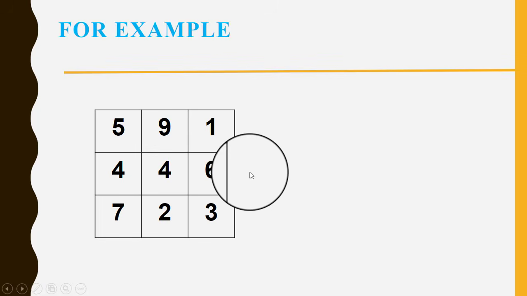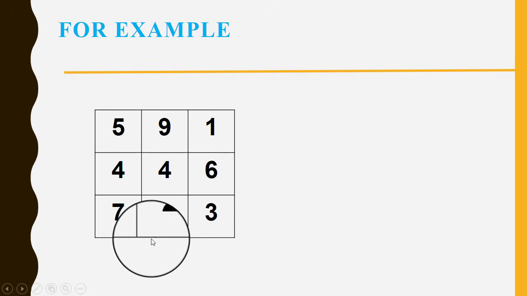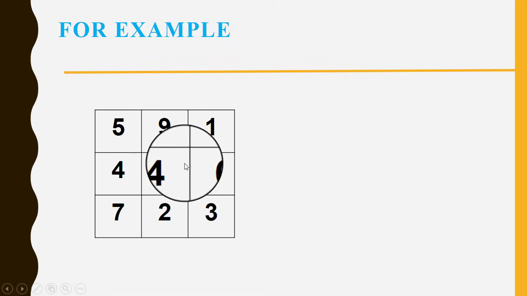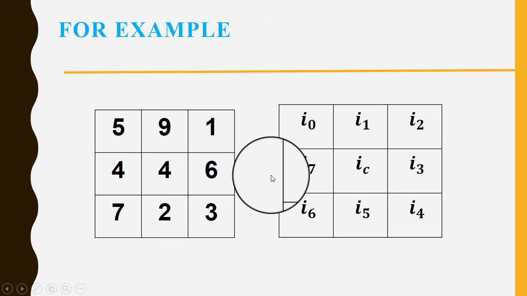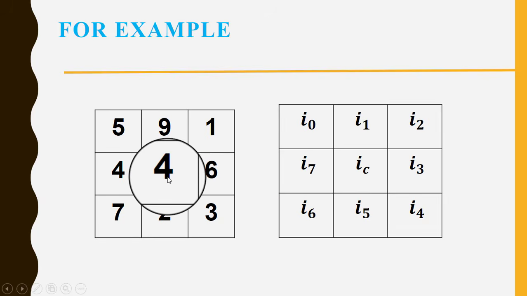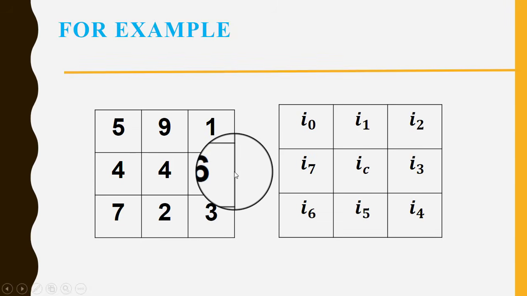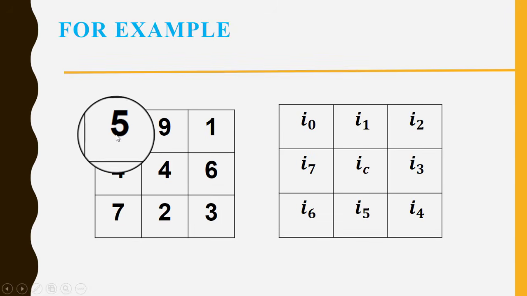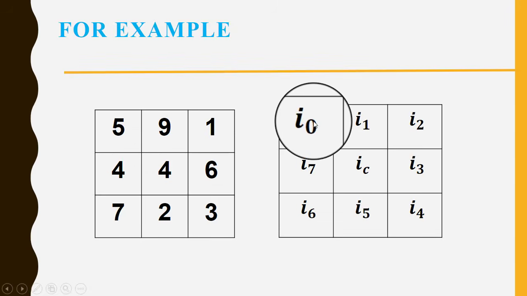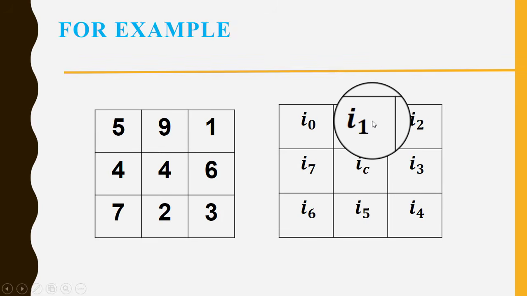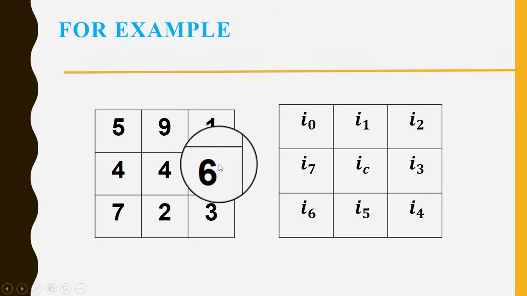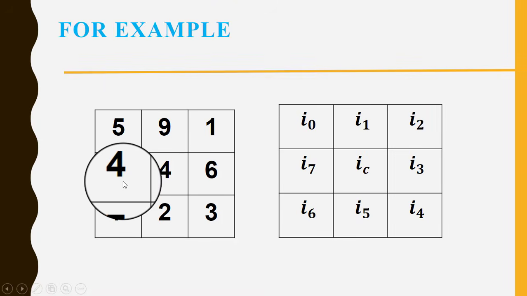For example, we took these pixels from an image, and now we will compute the values. Here Ic, the center pixel, is 4 and its neighbors are 5, 9, 1, 6, 3, and so on. We have 8 neighbors: I0 is 5, I1 is 9, then I2, I3, I4, I5, I6, I7.